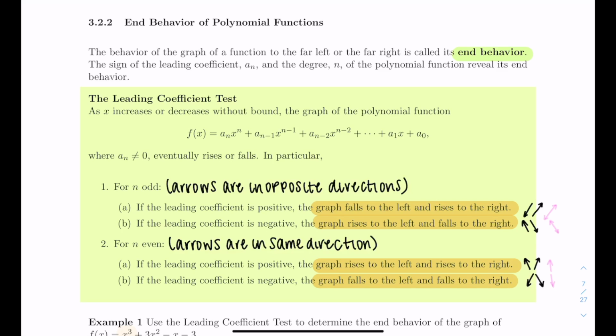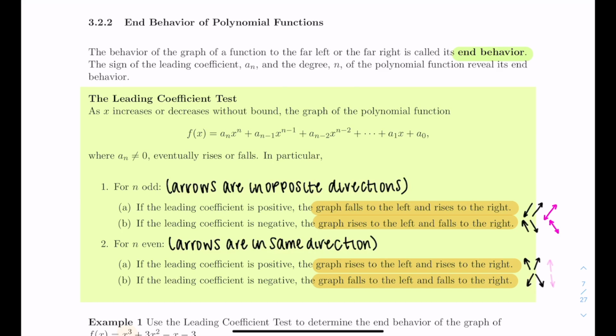Now let's just dig into this a little bit more. So going back to when n is odd, when the leading coefficient is positive, I try to think of positive slope. Positive slope rises from left to right. When the leading coefficient is negative, think of negative slope.